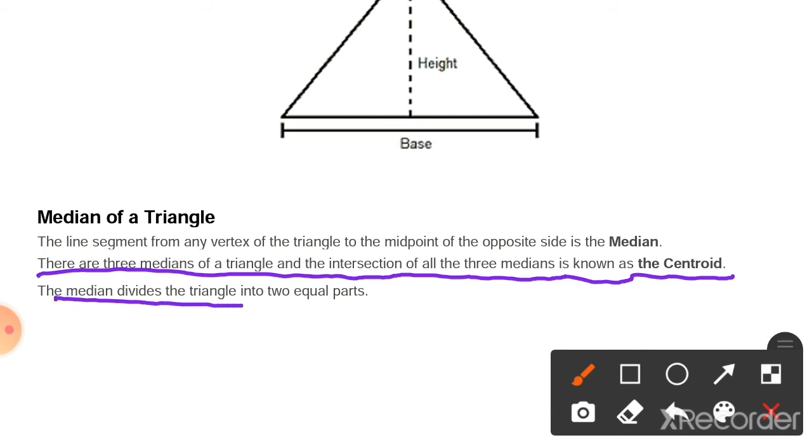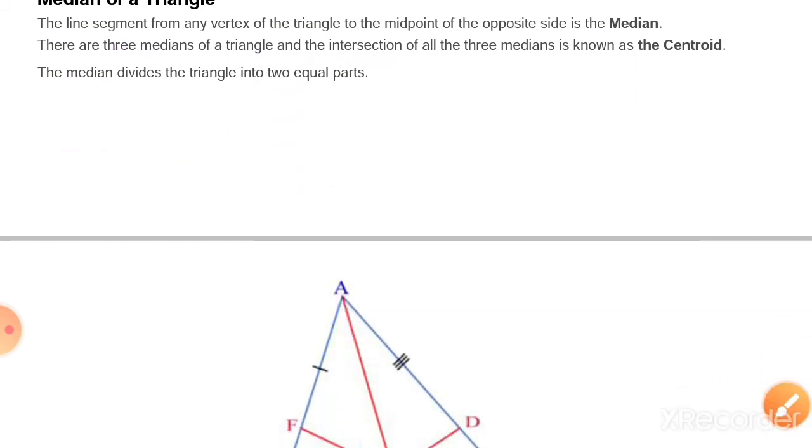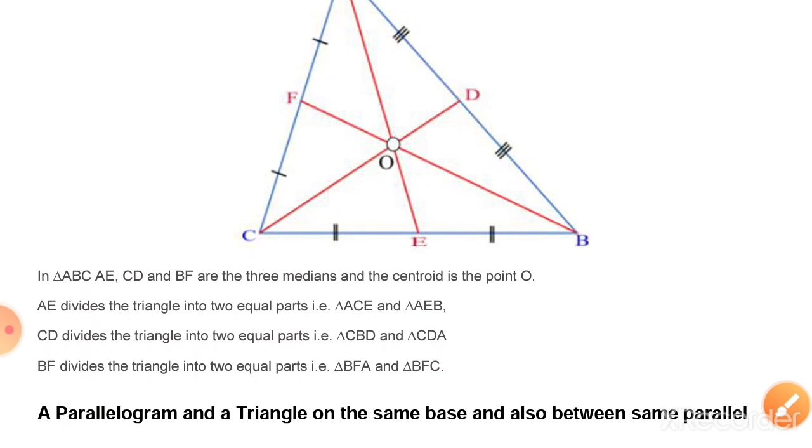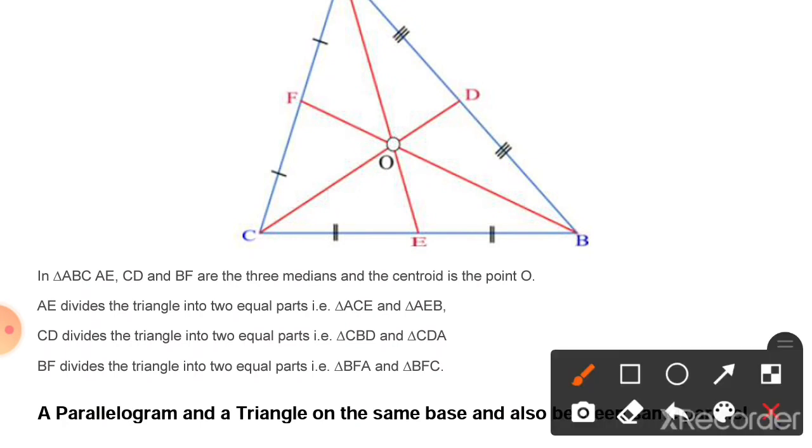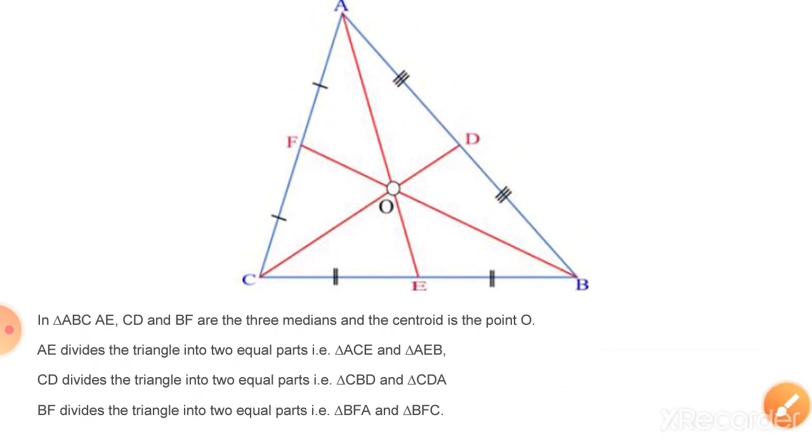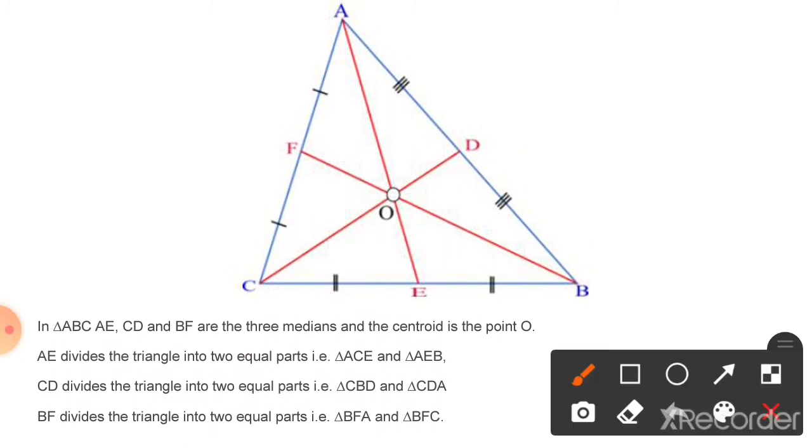The median divides the triangle into two equal parts. Let's see this diagram. Okay, correct. So see here, triangle ABC, correct? As I earlier explained, AE, CD and BF are the three medians of the triangle, and the centroid is O. So we can say that AE divides the triangle into two equal parts.